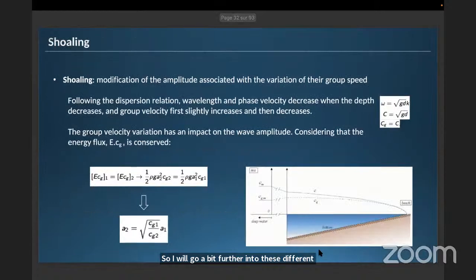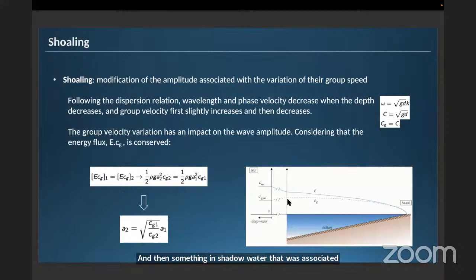So I will go a bit further into these different processes. Shoaling, as we said earlier, is a change in amplitude of the waves associated to the fact that the group velocity is changing. If you remember the linear wave equation and the dispersion relation, we have something in deep water that was associated to the wave component, and then something in shallow water that was associated to the depth.